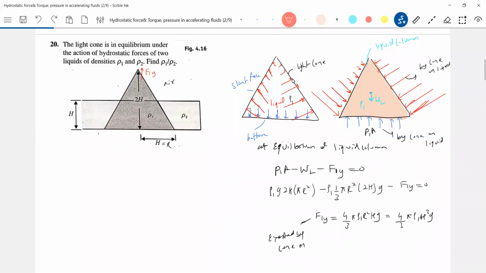This is the resultant. Then the liquid which is there outside will exert a force. That we will call F2 here.